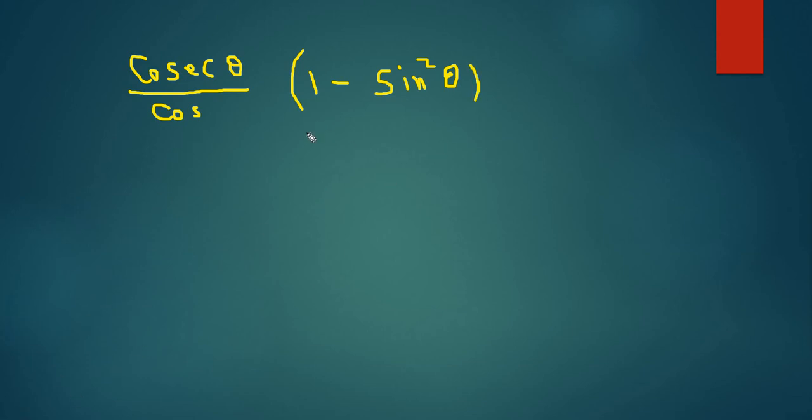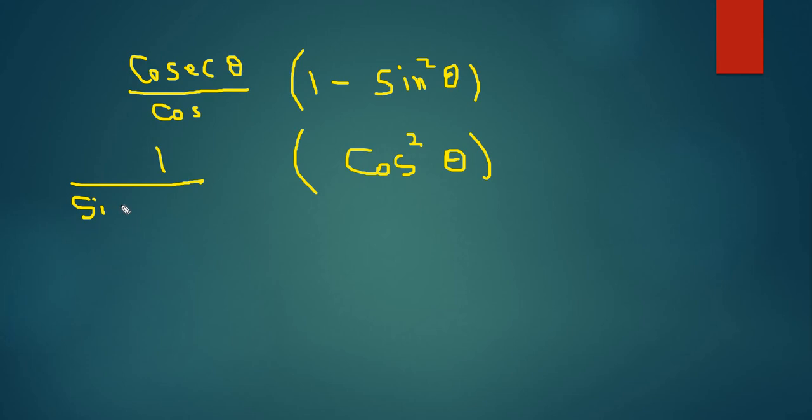We know 1 minus sine power 2 theta equals cosine power 2 theta. Cosec equals 1 over sine, because cosec is reciprocal sine.